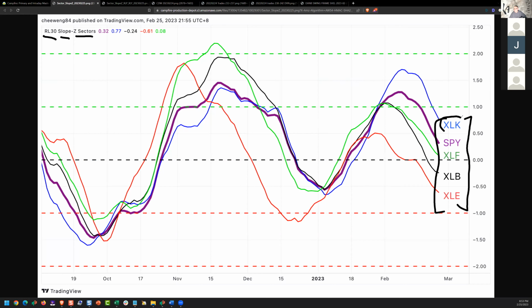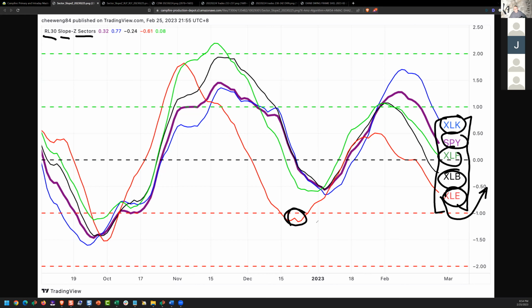Even technology, the leader, is failing at the same rate as the market, as finance, as materials, and as energy. Energy has fallen so far that I'm actually interested in the rebound play.